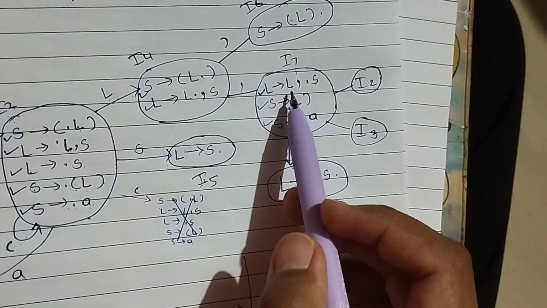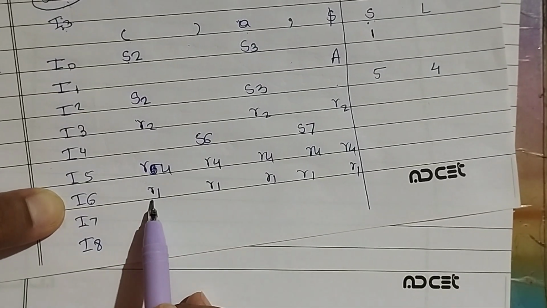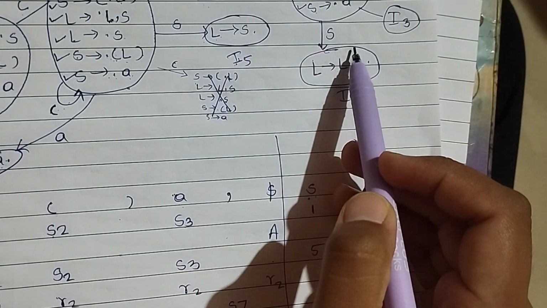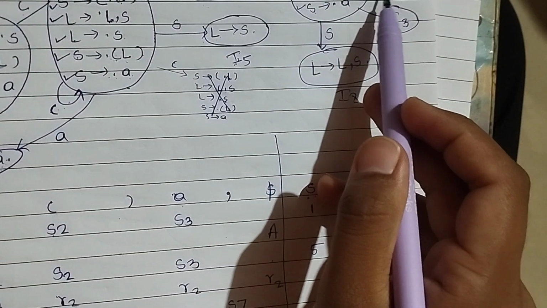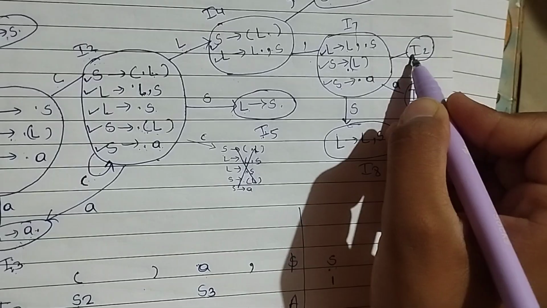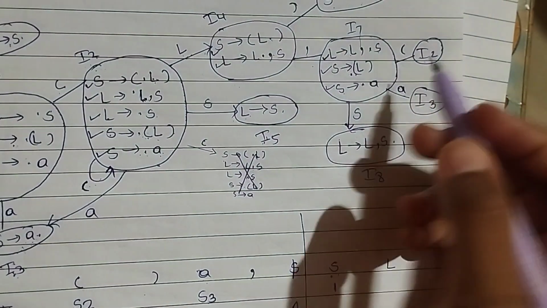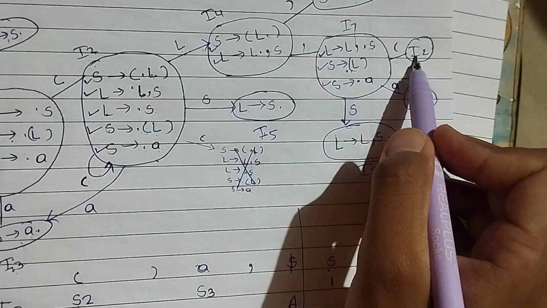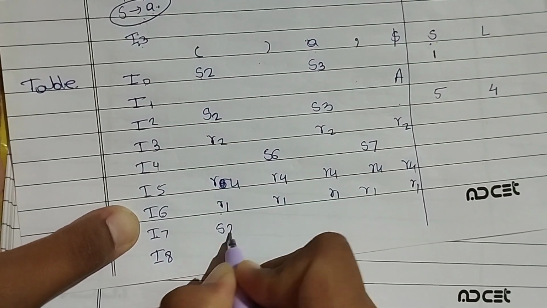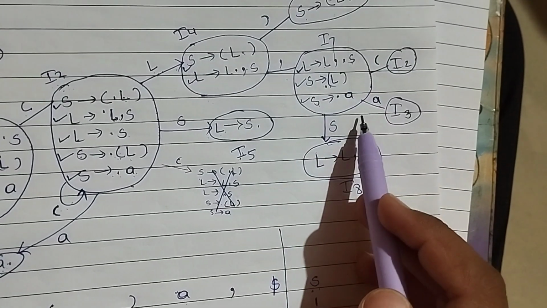Now I7. From I7, the opening bracket first. The opening bracket goes to the I2 state, so we write S2. The closing bracket does not go anywhere.